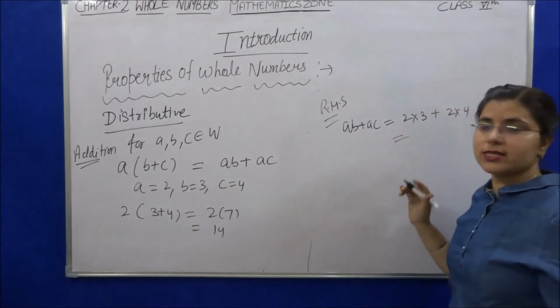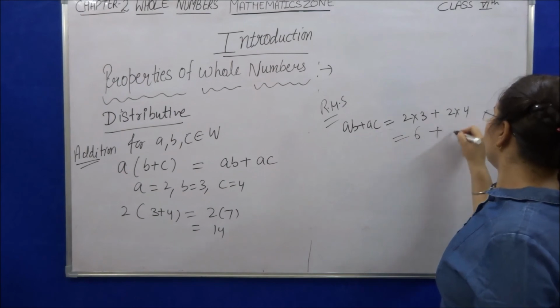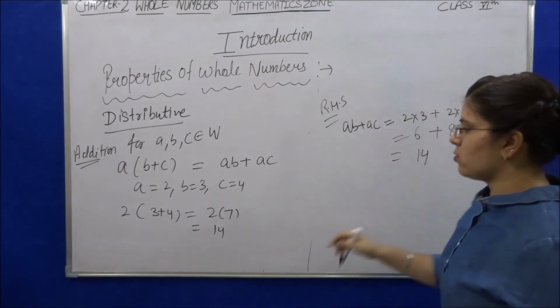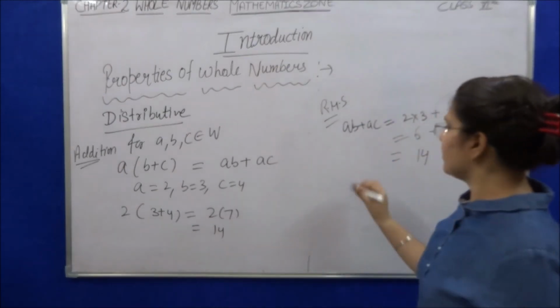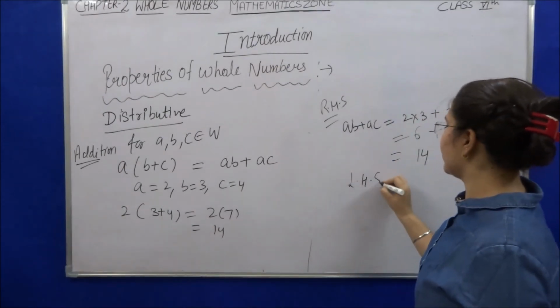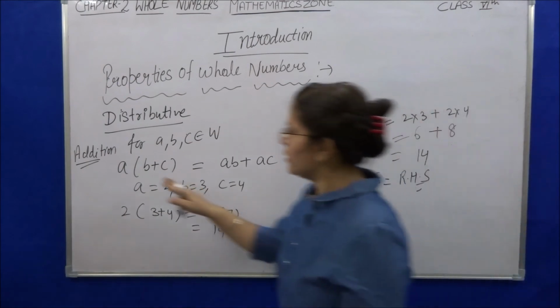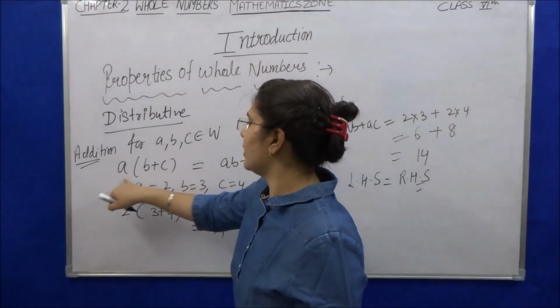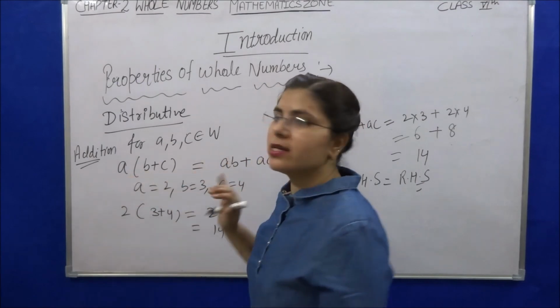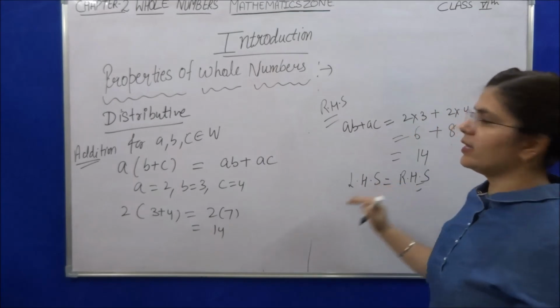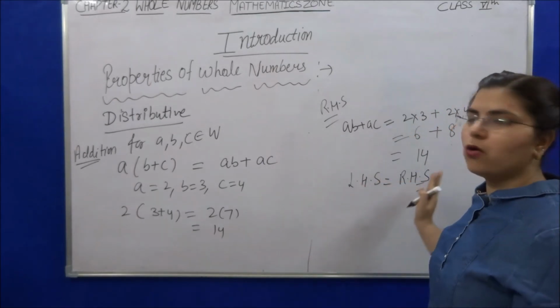So 2 times 3 is 6, 2 times 4 is 8. 8 plus 6 is 14. So 14 is equal to 14, that means left hand side is equal to right hand side. One thing more, in this, addition and multiplication are continuing simultaneously. So distributive holds in this case, in case of whole numbers.